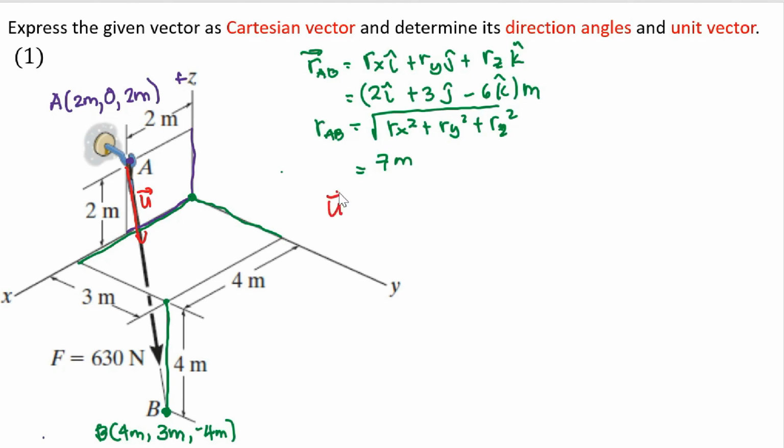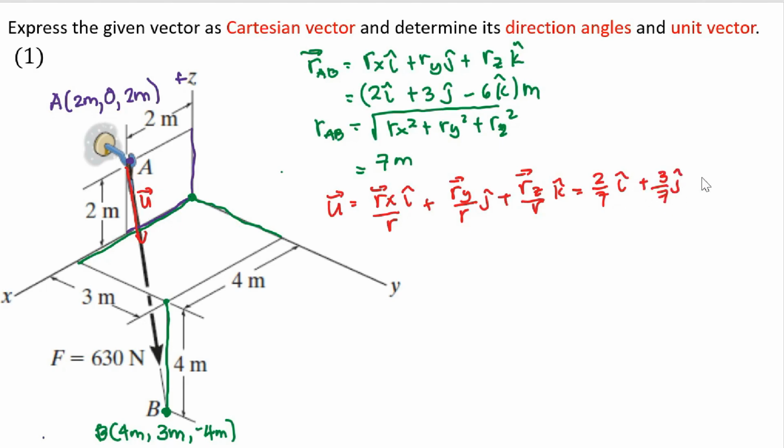For the unit vector, we will use the formula Rx i hat over R, which is the magnitude, plus Ry over R j hat plus Rz over R k hat. In that case it will be 2 over 7 i hat plus 3 over 7 j hat minus 6 over 7 k hat.